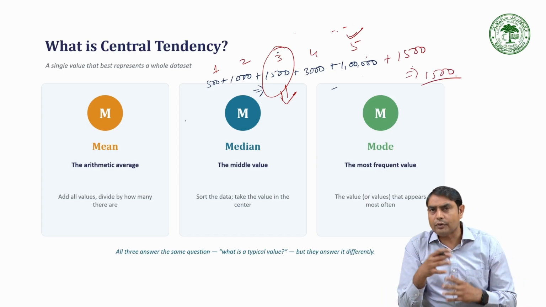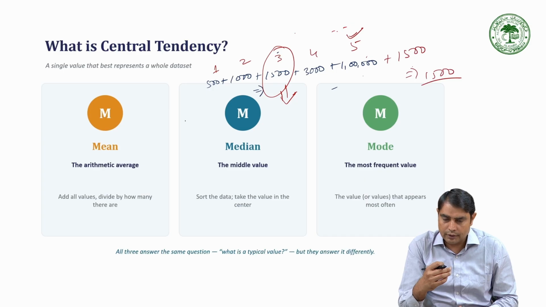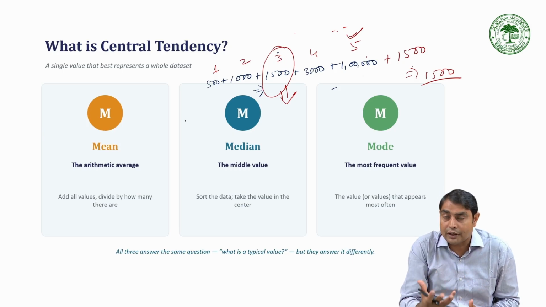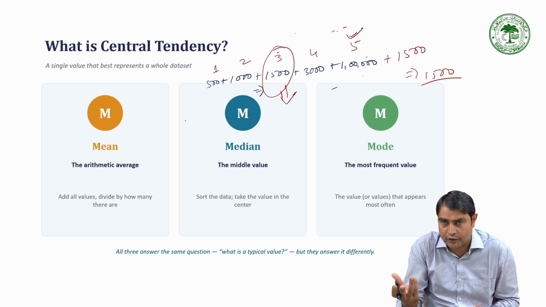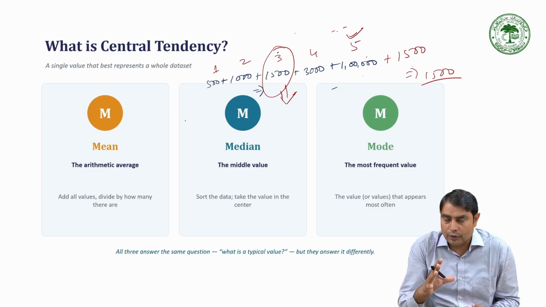So mode is okay when you want more numbers to cater. If you want to attract students, or you are interested in finding out which amount, 1,000, 1,500, or 2,000, the maximum number of students are getting as pocket money, then mode will help you out. So mode is suitable for categorical data, and it is okay with outliers.